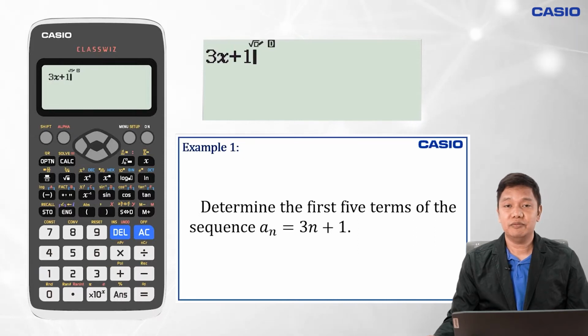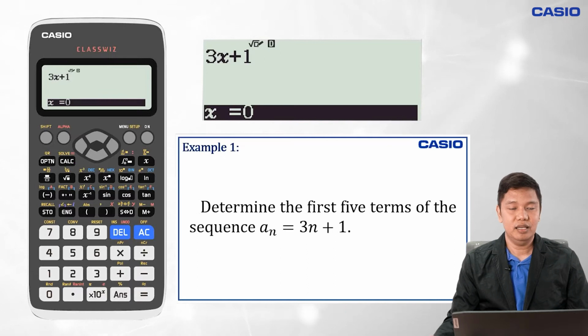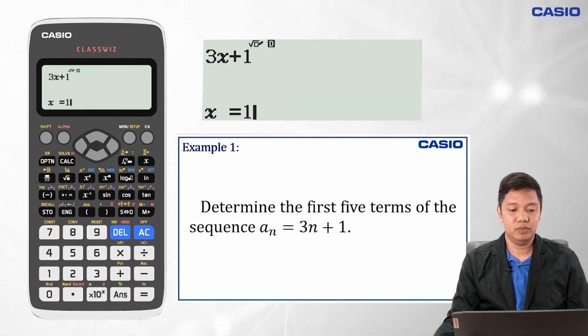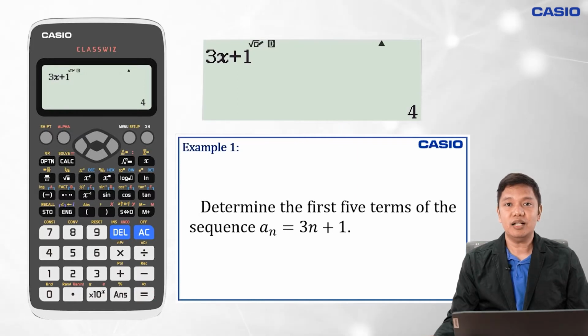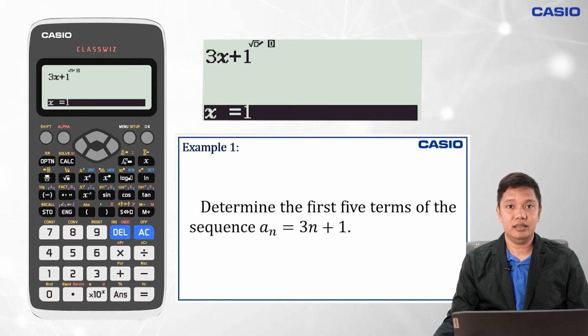To calculate the first term of the sequence, we need to press calculate, and then we are asked by the calculator for the value of x. So press 1 for the first term, which will be equal to 4. So the first term is 4. To calculate the second term, we press calculate again, and then our x here now is 2.